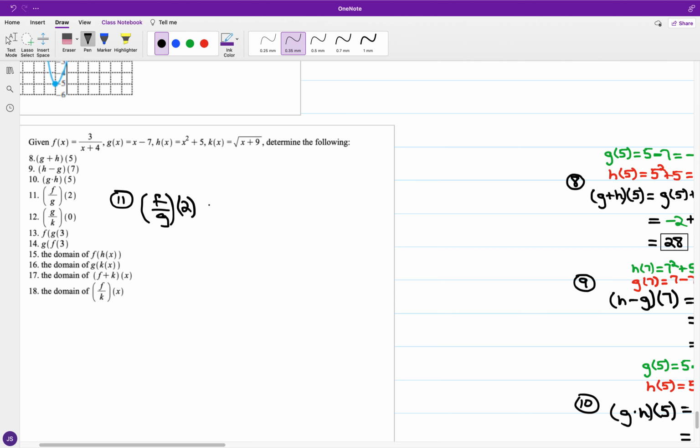So we have f of 2 over g of 2. For the inputs, if you notice, with f of 2, we have 3 over 2 plus 4.